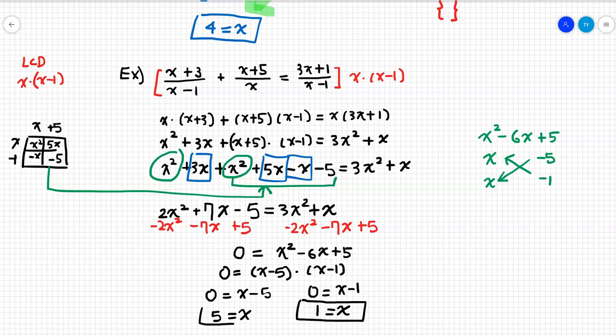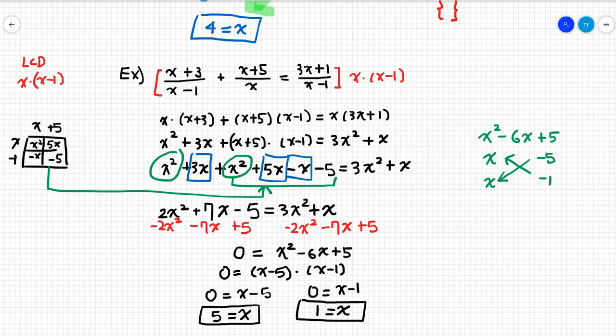Now, because this is a quadratic equation, we were expecting two different solutions. Okay? Now we have to check whether these two are both solutions.